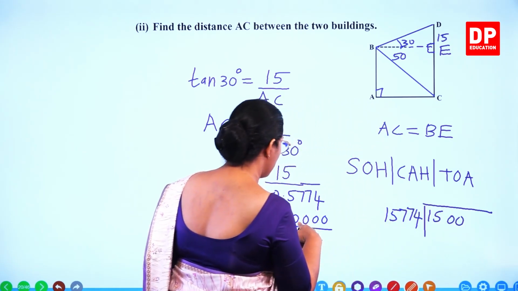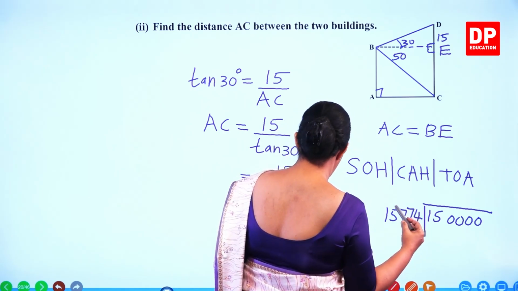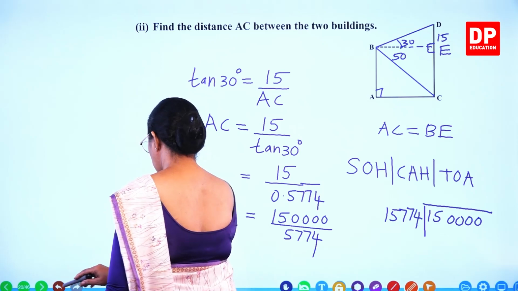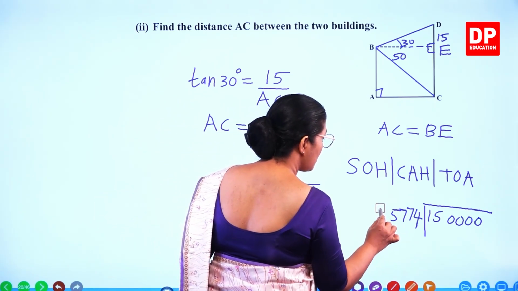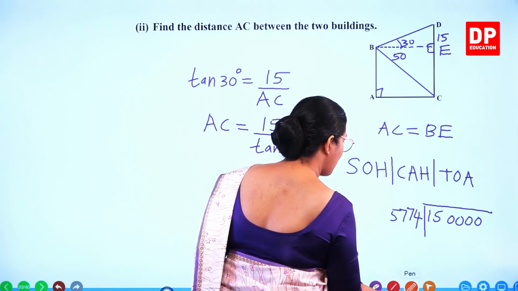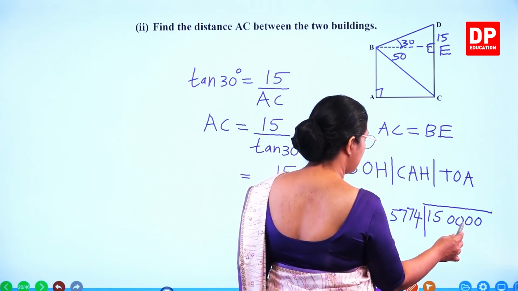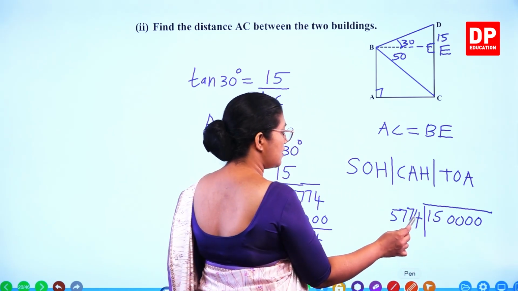So, this is here not 15,000, 5,774. So, how many, like 2? 3 becomes more than that.